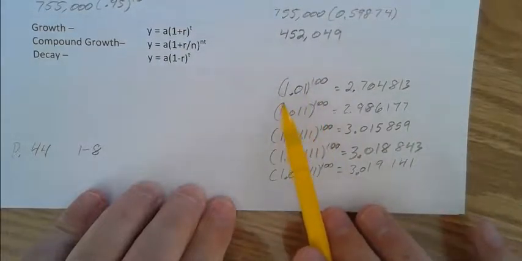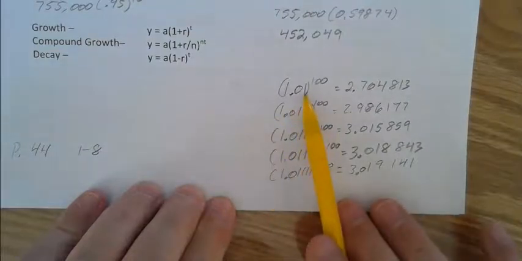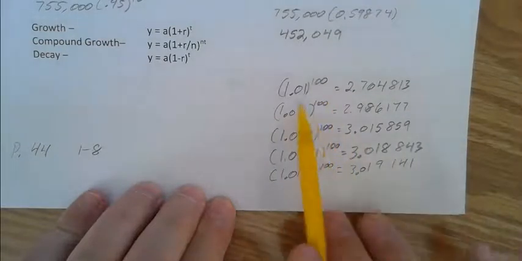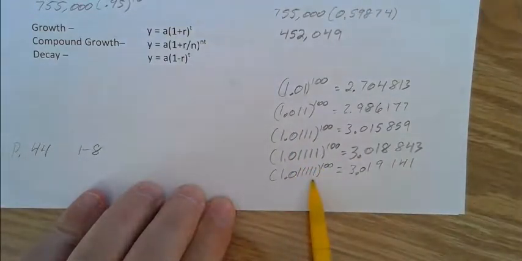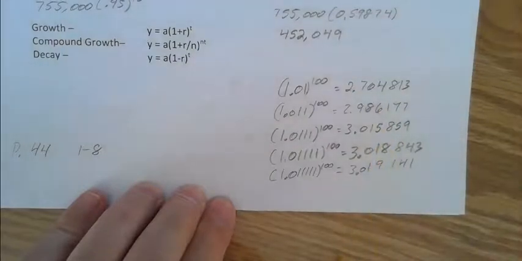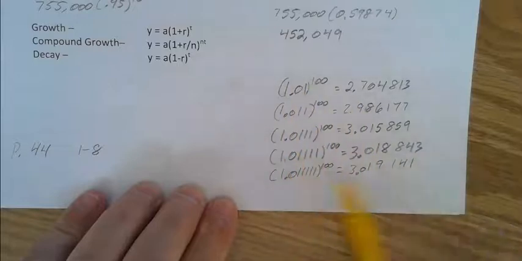This is a situation where it's 1%. Anyways, and to the 100th power each case, but I went out another decimal point, and notice the difference in the factor here changing. So what you round to does have an effect on your answer.